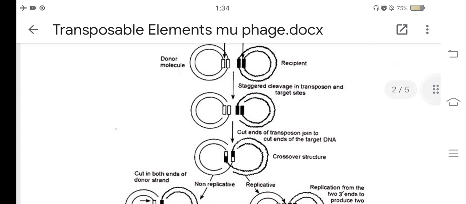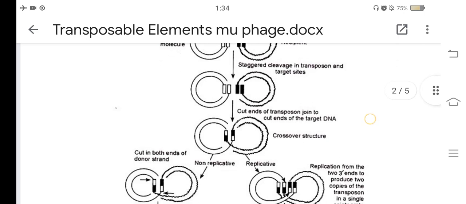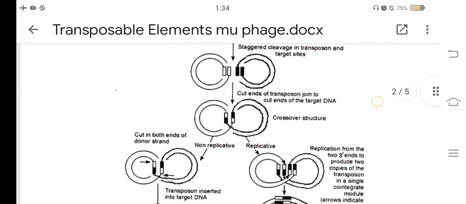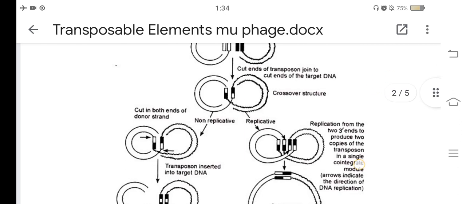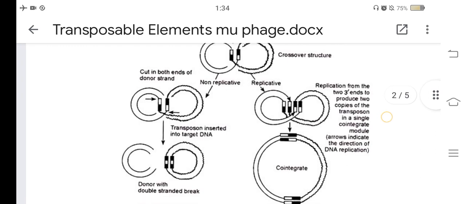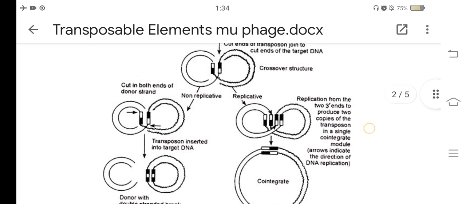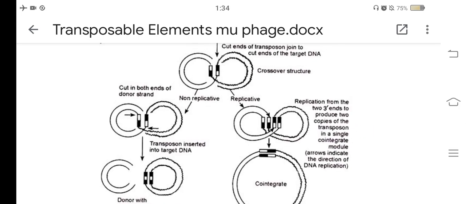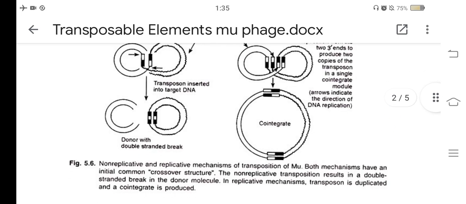Cut ends of the transposon join to cut ends of the target DNA, giving the crossover structure, with cuts in both ends of the donor strand, non-replicative or replicative. In the non-replicative pathway, the transposon is inserted into target DNA, leaving the donor with a double-stranded break. In the replicative pathway, a co-integrate is formed. Replication from the 3' ends produces two copies of the transposon in a single co-integrate molecule. Arrows indicate the direction of DNA replication.